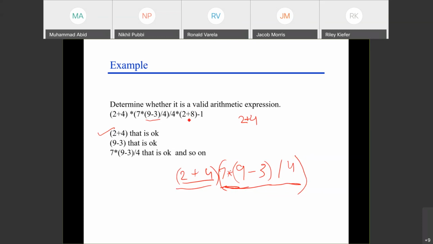Now this is 2 plus 8, and then minus, and then put parentheses around that. Oh, sorry, plus. Actually there is 9 minus 3 minus 4. Yeah, no, this is good.